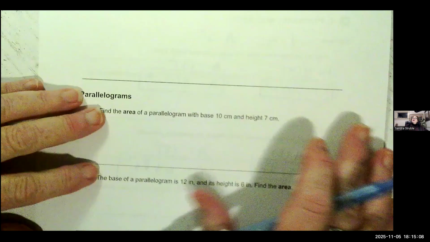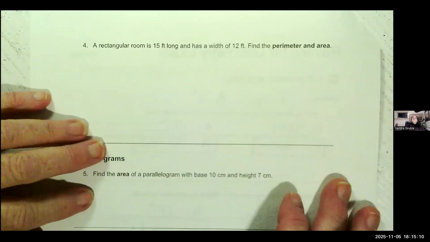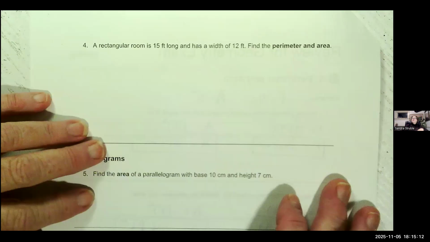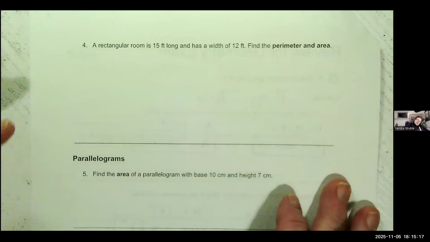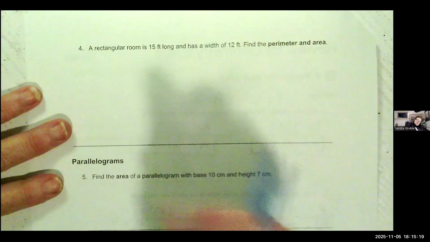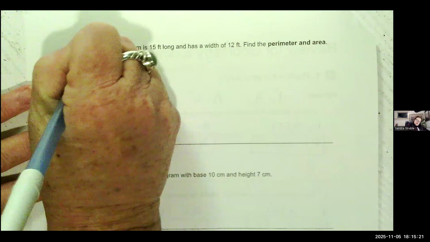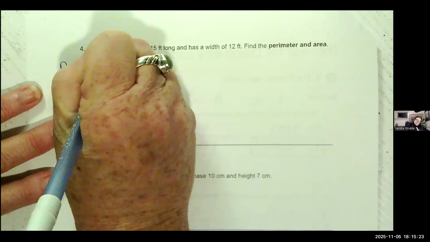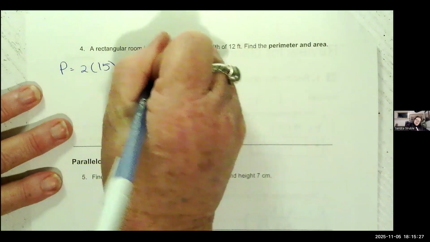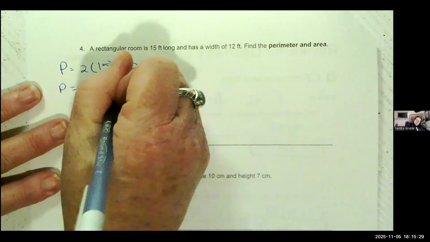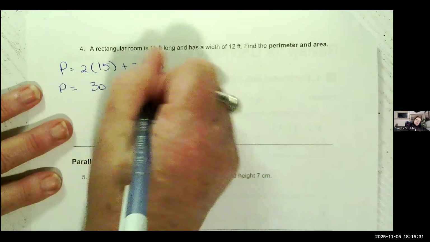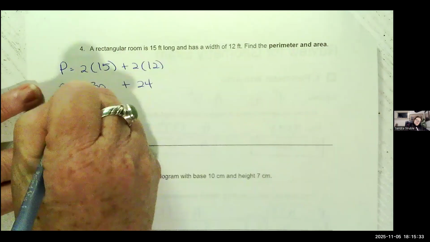A rectangular room is 15 feet long and has a width of 12 foot. Find the perimeter and area. Pause the video, attempt this one yourself, and then come back to see how you did. So the perimeter is 2 times the length plus 2 times the width. 2 times 15 is 30. 2 times 12 is 24. 30 and 24 is 54.